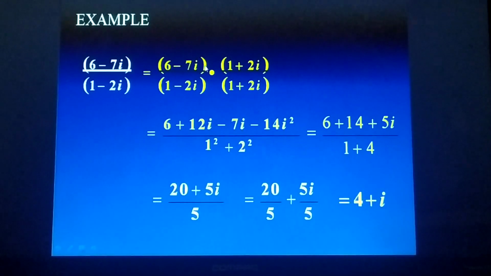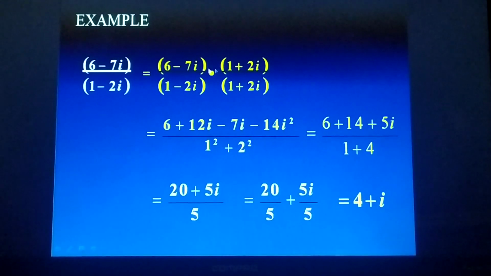Now take the process of multiplication. 6 into 1 is 6, 6 into 2i is 12i, −7i into 1 is −7i, −7i into +2i is −14i².